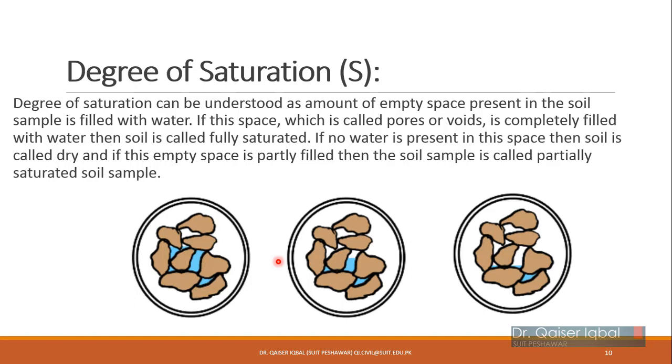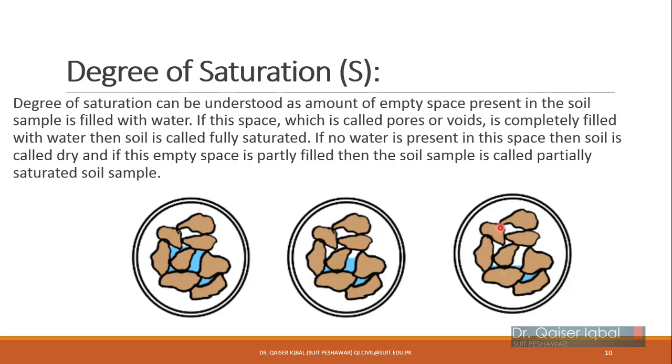We know from our previous knowledge, which we have so far gained, that there are empty spaces between the soil particles which may be occupied with water or air. If the voids are completely filled with water, with pore water, then it will be considered as fully saturated soil.